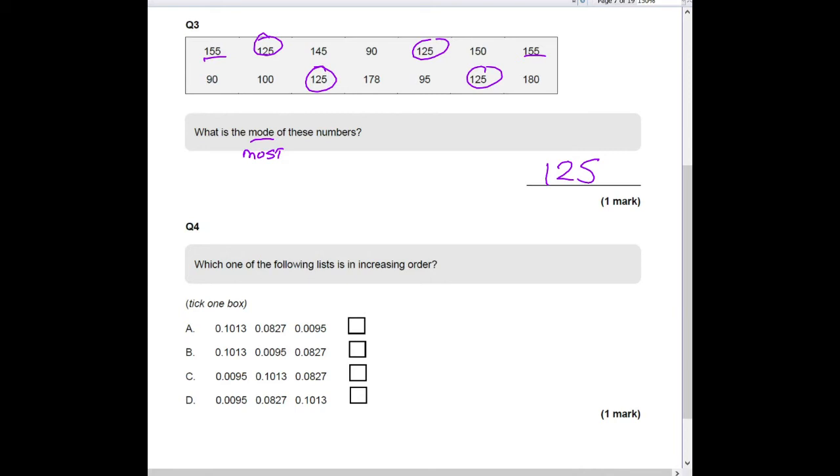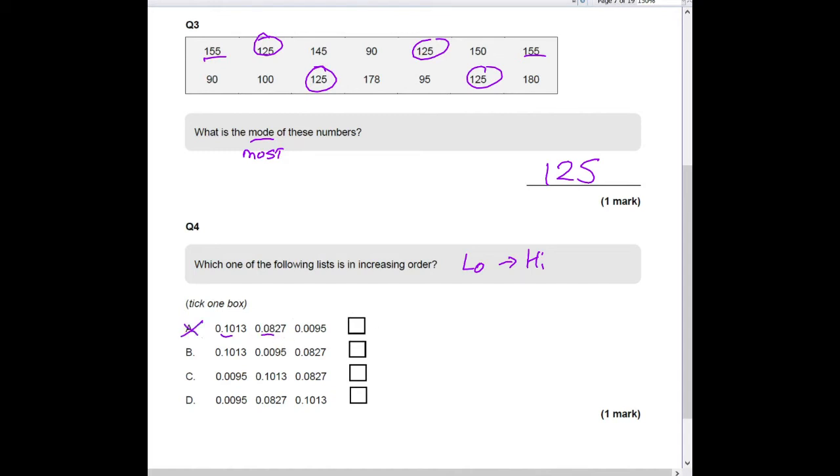Question 4. Which of the following lists is increasing in order? So we want the lowest to the highest. That's the order we're going for. So for the first one, we have 0.1 and then 0.08. So that can't be right because this is bigger than this.